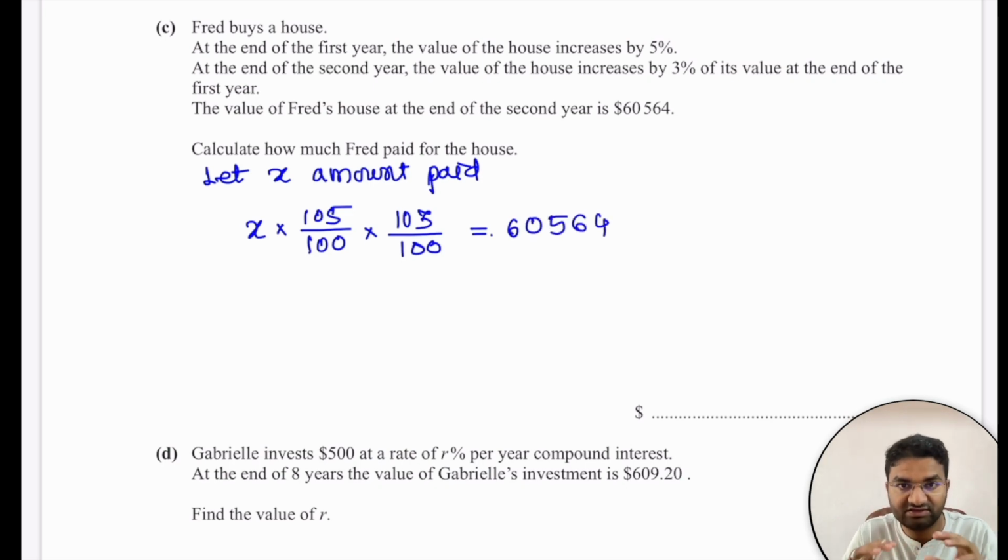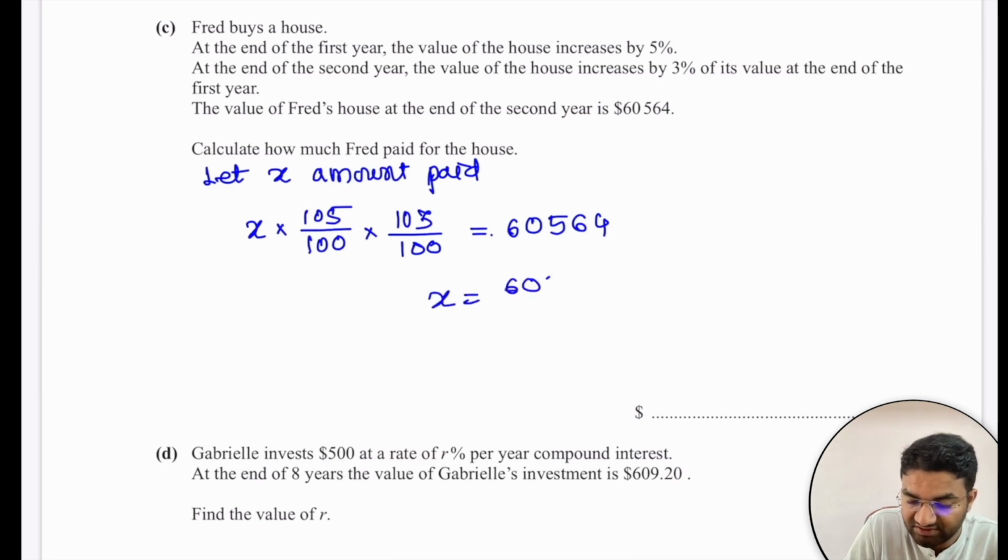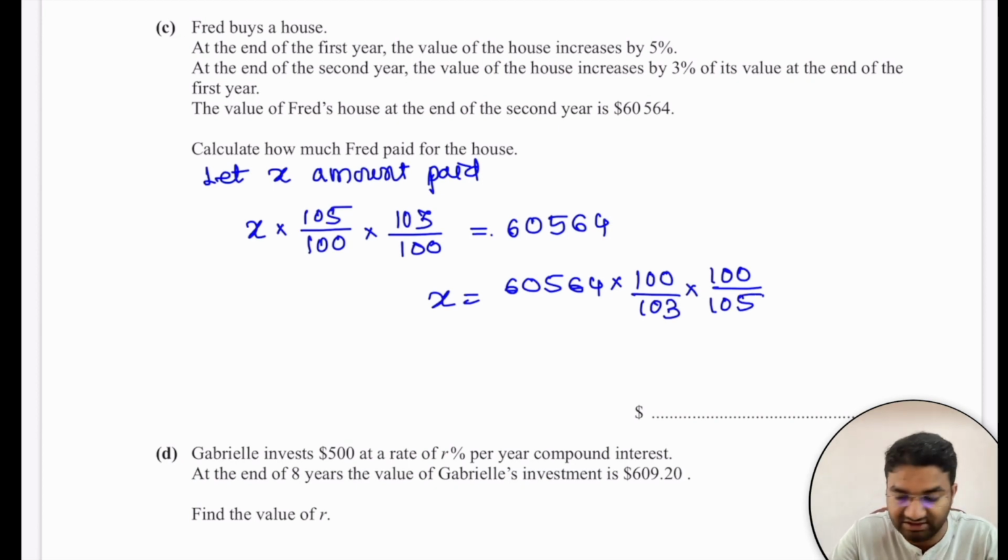You have to make this relation simple, and the X will be 60,564 times 100 by 103 times 100 divided by 105. That's it. And if you do all this simplification in your calci, you will get straight away $56,000.